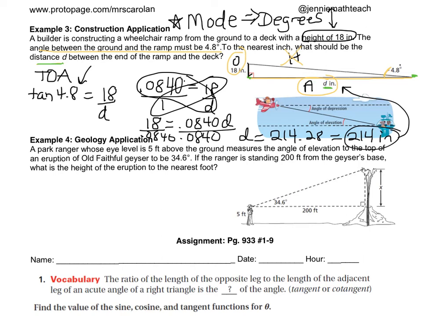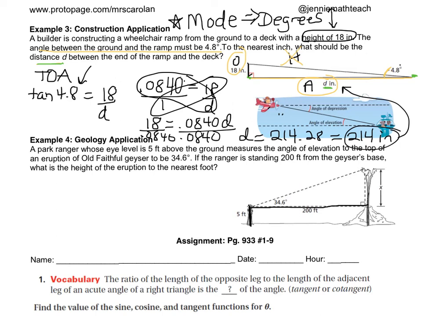The next problem uses this angle of depression and elevation picture right here. So let's see this drawing. We have a park ranger whose eye level is 5 feet above the ground. So this distance right here, he's 5 feet tall. When you look, your eye level is straight out, so that's why they drew this dotted line right here.